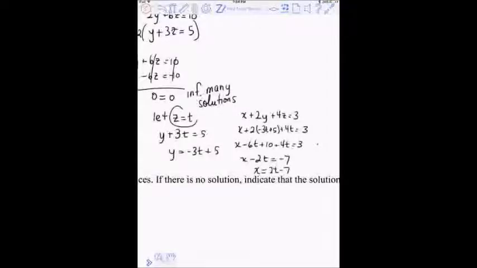So I've got z equals t, y equals negative 3t plus 5, and x equals 2t minus 7. So then the general form, instead of x comma y comma z, would be 2t minus 7, negative 3t plus 5, and t.